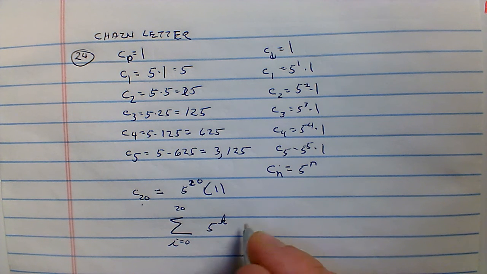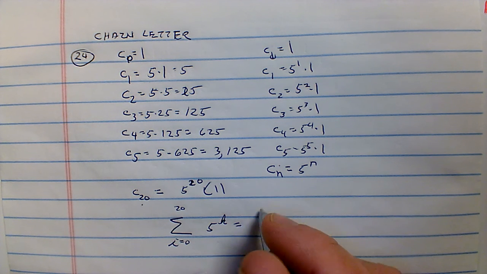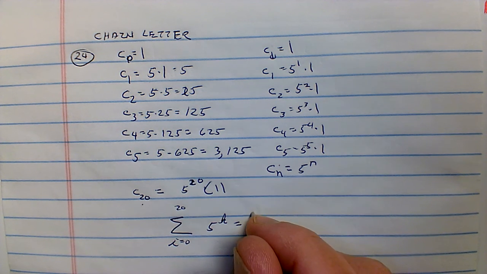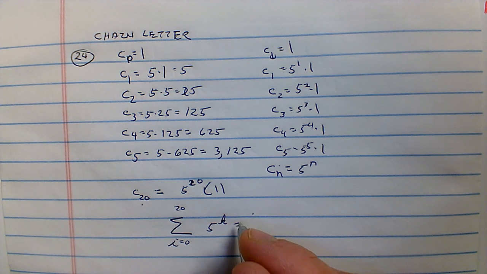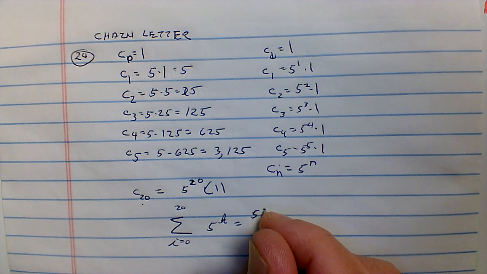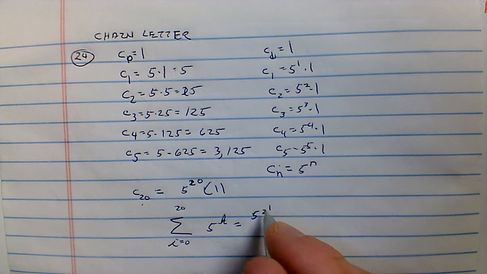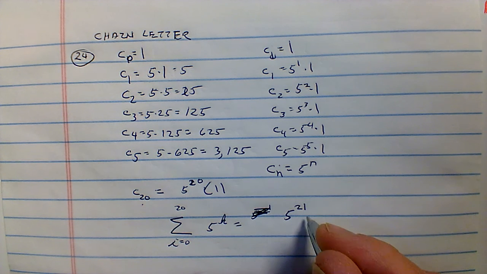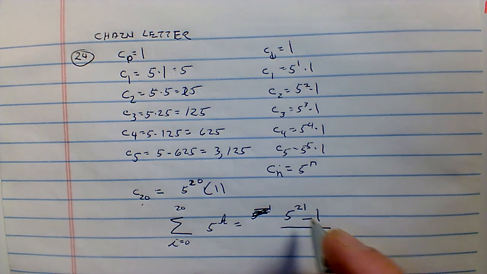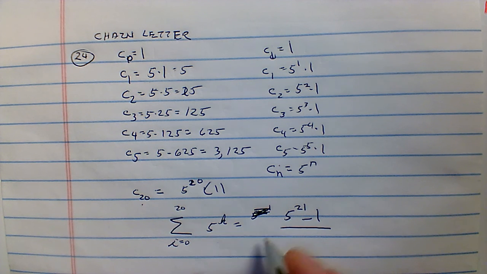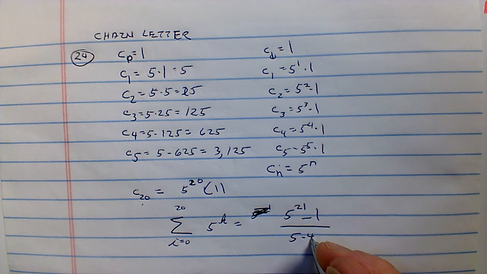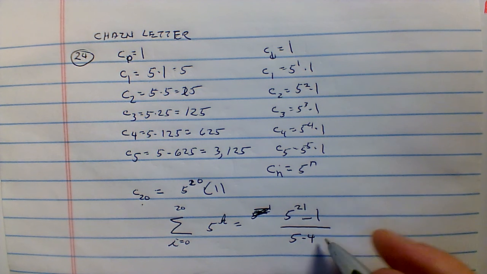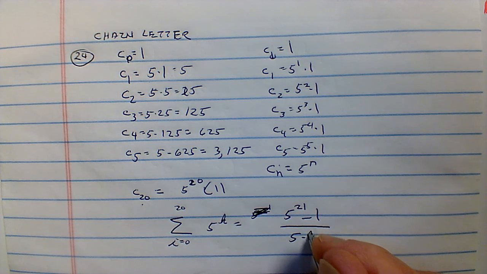what is the sum of 5 to the k? Well, we've done that problem before, and we know that it's going to be 5 to the 21st. I didn't write that very well. Let me write it over again. It's going to be 5 to the 21st minus 1 over 5 minus 1.